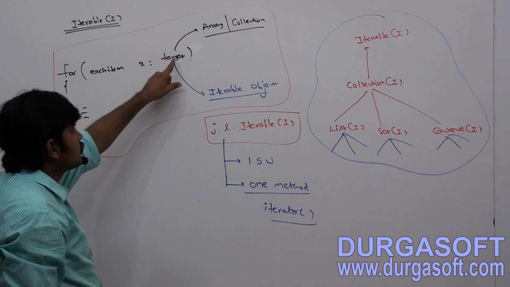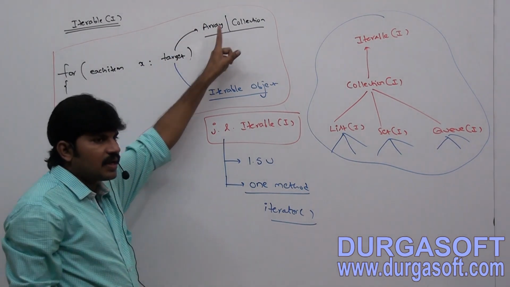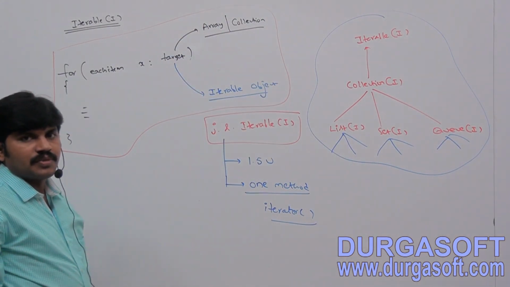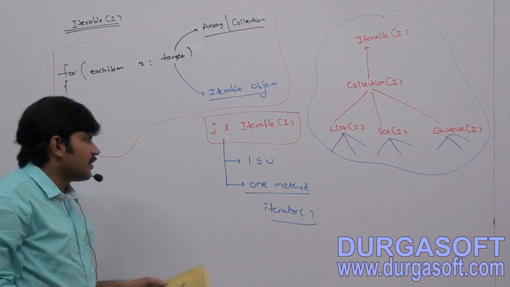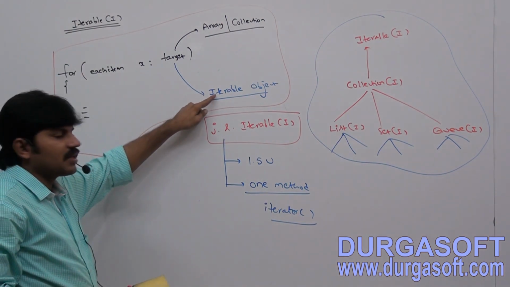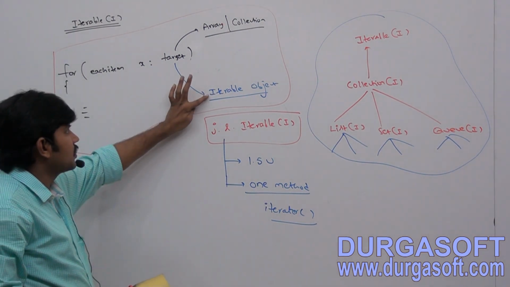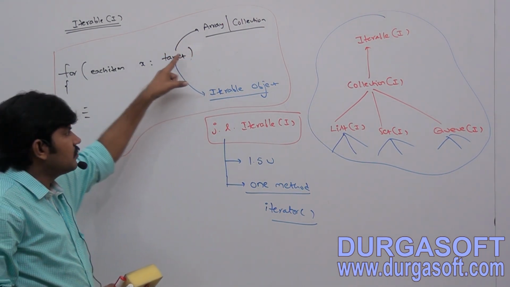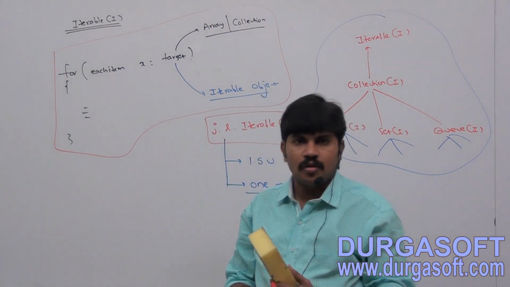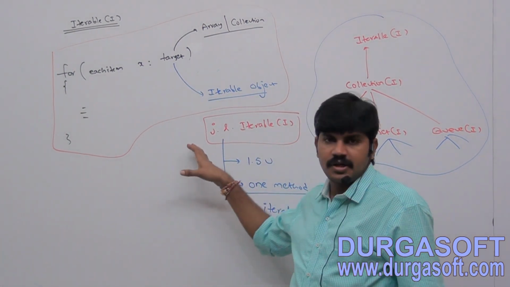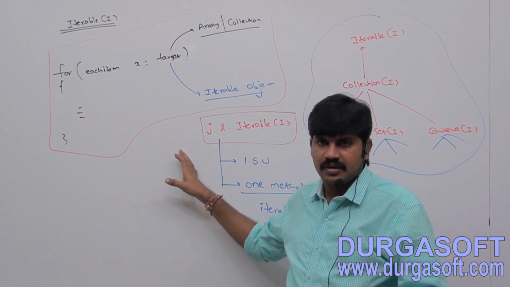This target can be an array or a collection, and this target is an iterable object. Completed, right? Okay, now add the theory.